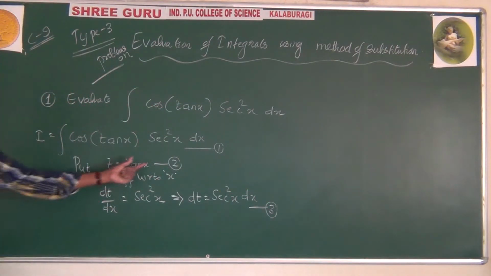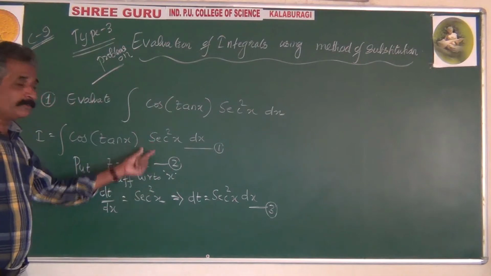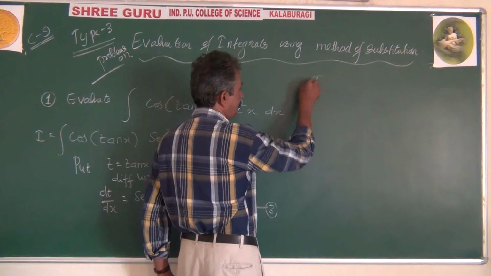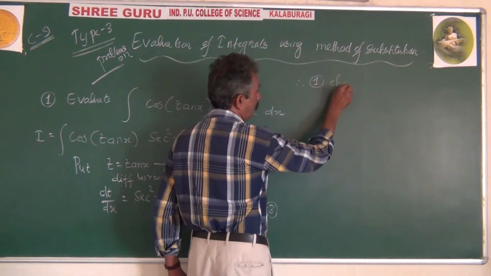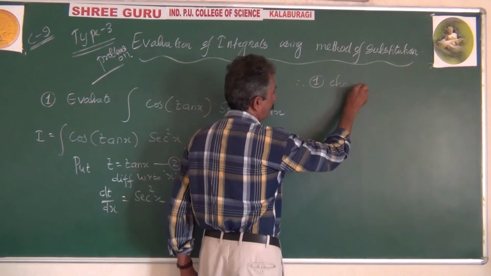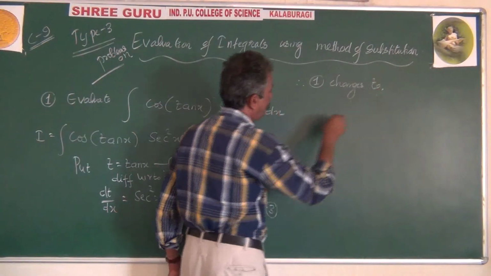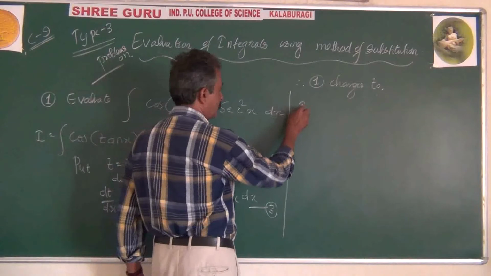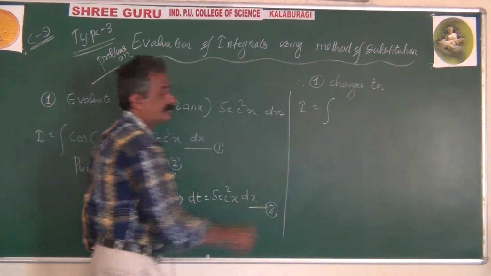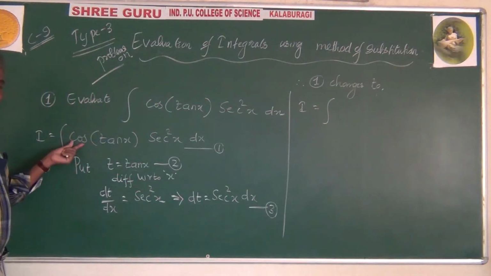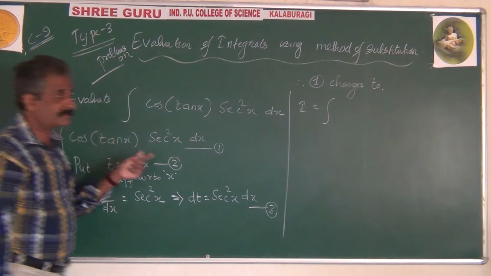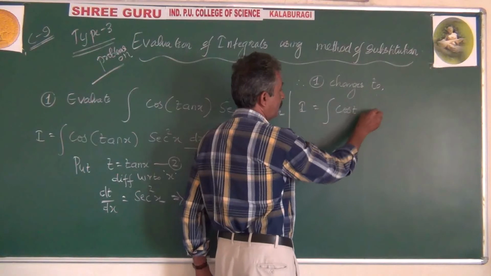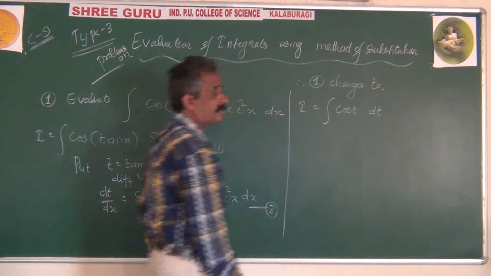So now from 2 and 3 using in 1, 1 changes to I equals to integration cos of t, because tan x is t. The remaining secant square x dx will be dt.